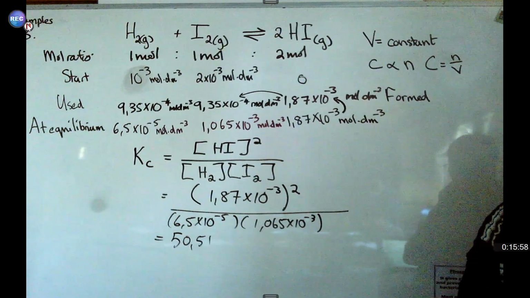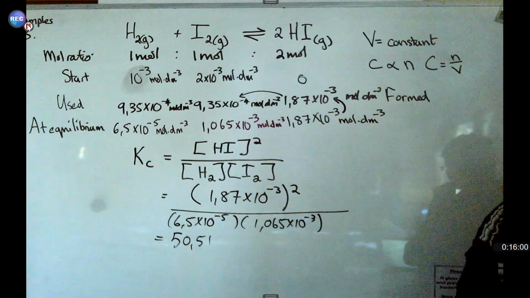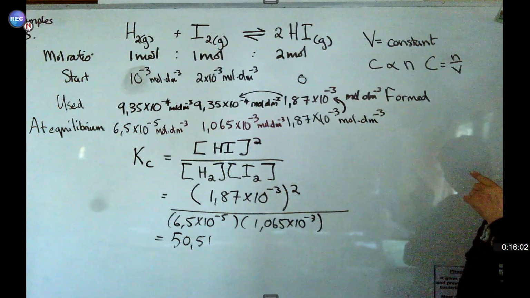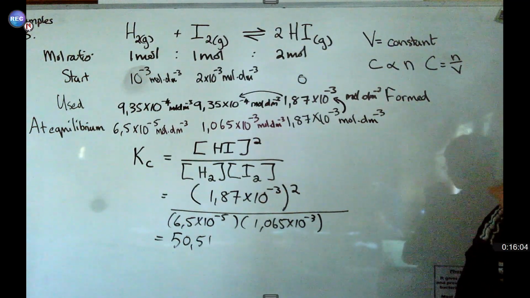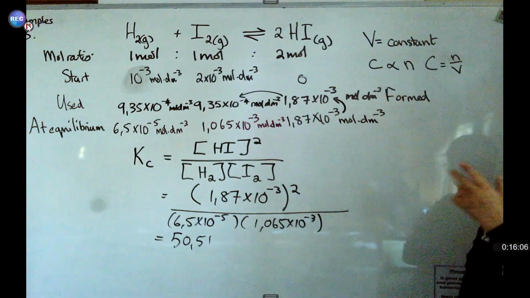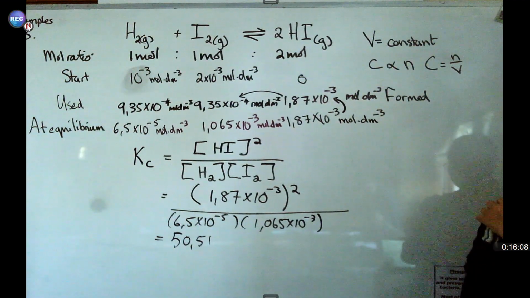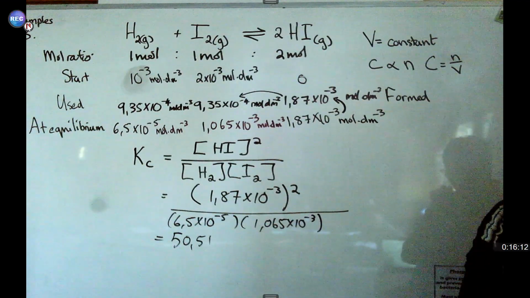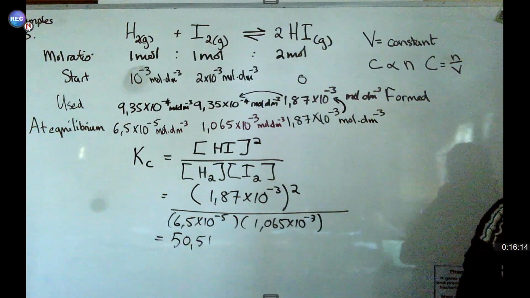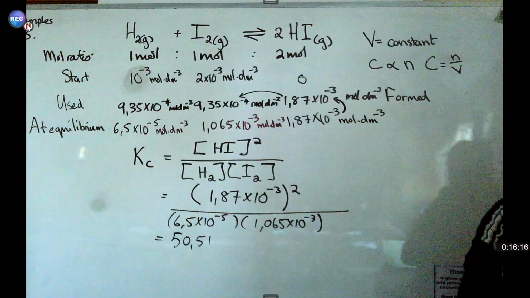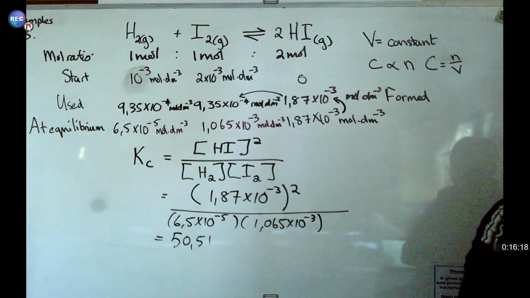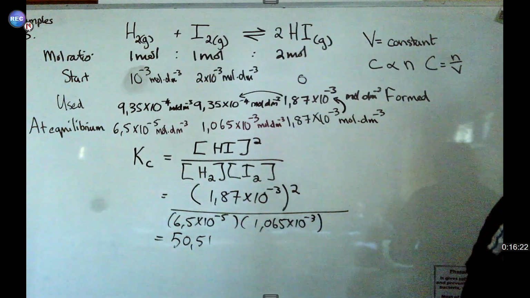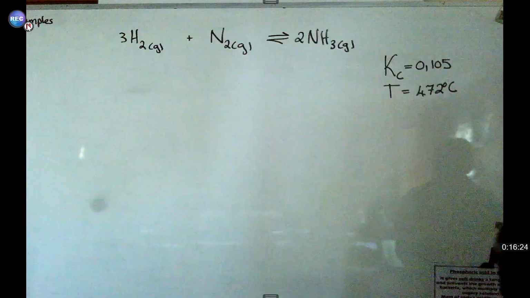If your calculated Kc is the value they've given you at the start, then it's at equilibrium. If not, the reaction isn't at equilibrium. Okay, so we'll do example 1 there. That will make it clearer, I hope.